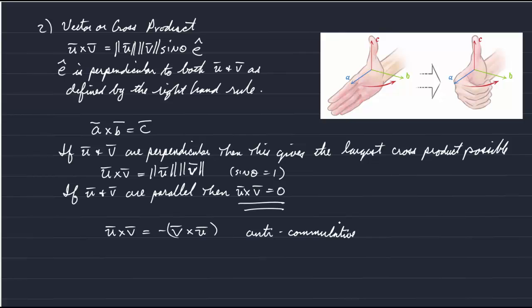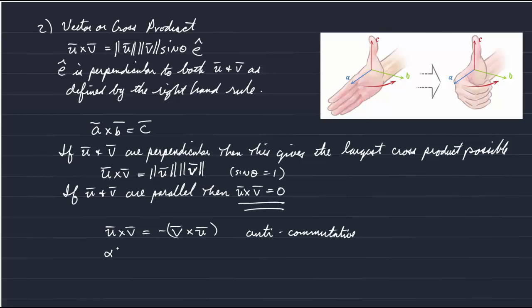And you can figure that out remembering that you point your fingers in the direction of the first vector and curl your fingers in the direction of the second. And again, your thumb is in the direction of the resulting, and therefore it matters which vector is written first.